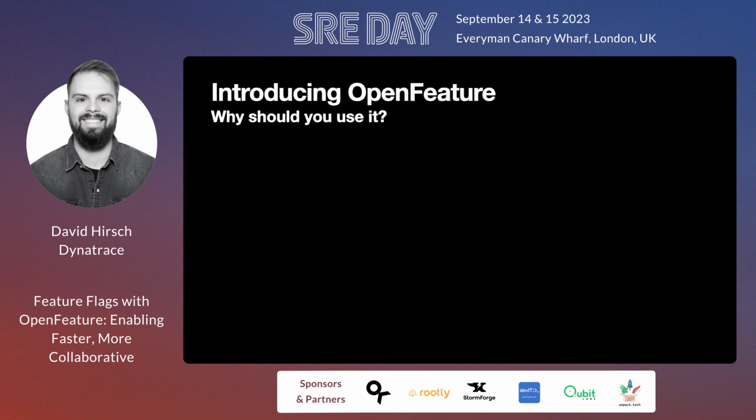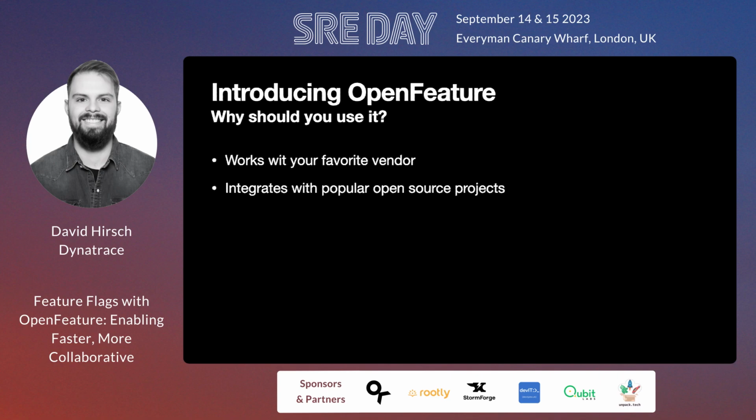So why should you use it? First of all, it works with your favorite vendor. So we're compatible with most vendors. Most vendors have worked with us. And so at this point, we support, I would say, pretty much, I think it's like 60 or 70% of the feature flagging market. It integrates with open source projects.